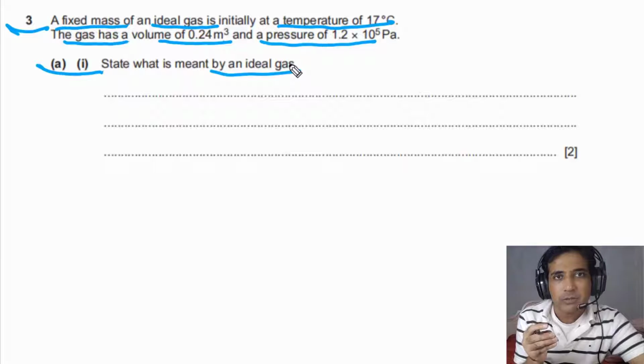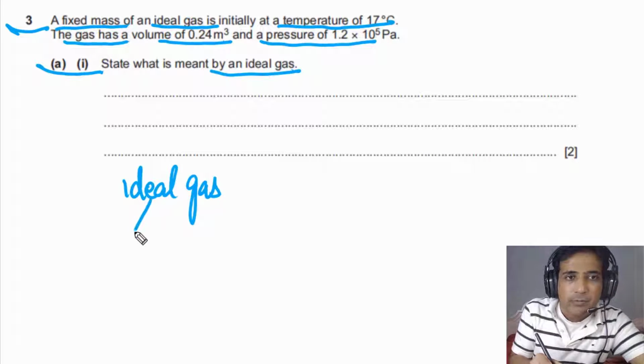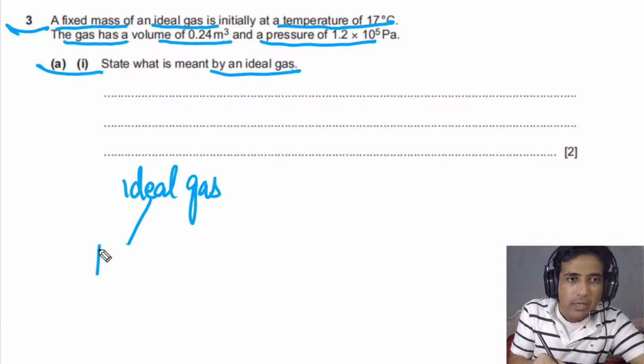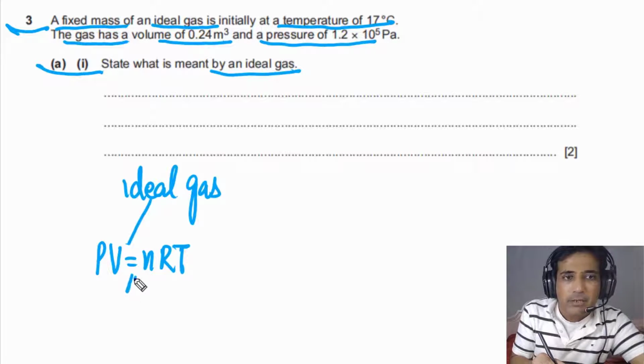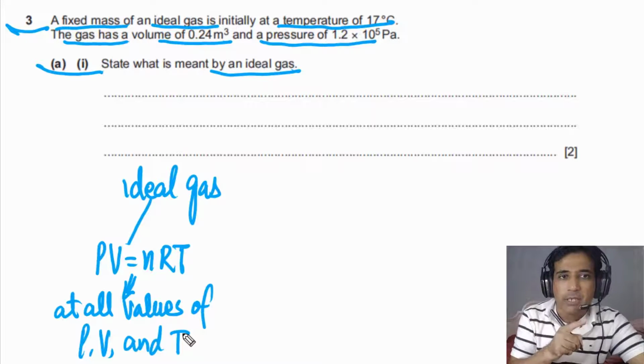This is a very common question. You need to understand how to state ideal gas. In order to state ideal gas, you need to mention a few points. The first point is that a gas is an ideal gas if it obeys the ideal gas equation, means PV is equal to nRT, at all values of P, V, and T. So if a gas obeys the ideal gas equation at any value of P, V, and T, then that gas is an ideal gas.